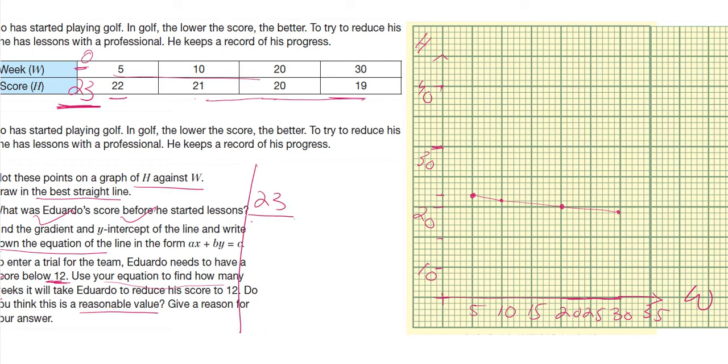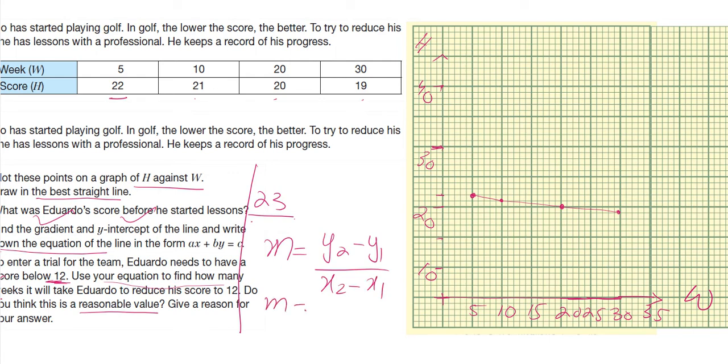Okay, now you have to find out the gradient and y-intercept and write the equation. Okay, so we have to find out the gradient and then the y-intercept when your x value will be 0. m equals y2 minus y1 over x2 minus x1.